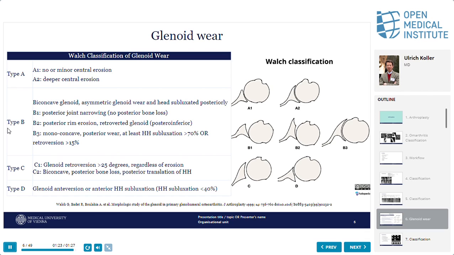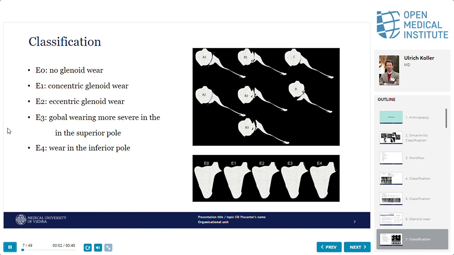glenoid you have on an axial view. You also have the Favard classification. It's not written here, but the Favard classification tells you how much superior erosion you have on the glenoid. So when you have a decentered shoulder, for example with a cuff tear arthropathy, you will have more erosion on the top.